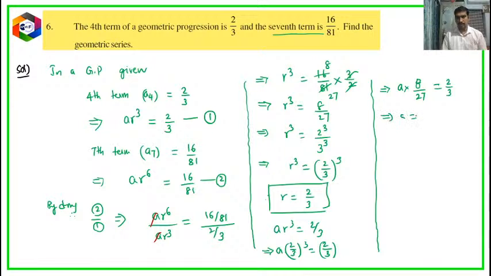Now this is multiplying, so moving it across means inverse multiplication, as we know, 27 by 8. If you transpose, it will be 27 by 8, 3 9s, 2 4s. So the value of A will be equal to 9 by 4.